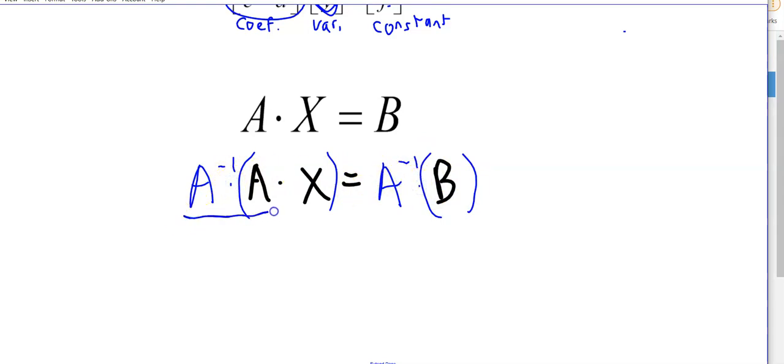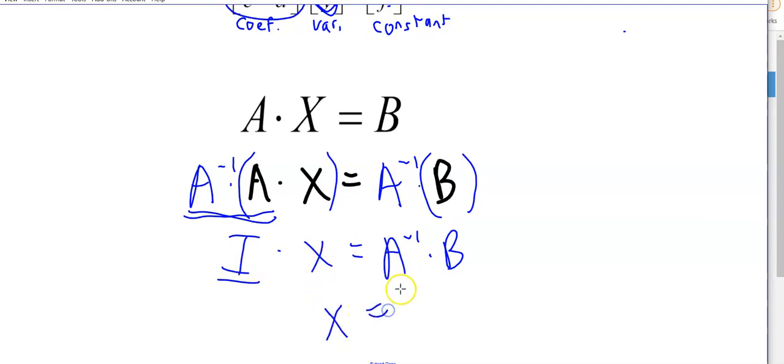And what happens when you multiply a function times its inverse, you probably know this, you get what's called the identity matrix. So you multiply these two, you get I, the identity matrix. So you get the inverse of A times B over here. And the identity matrix times anything is just whatever that anything is. It's kind of like multiplying by 1. So we finally are able to actually solve this problem.